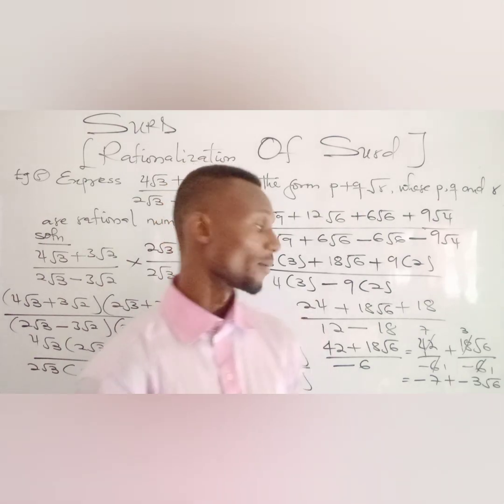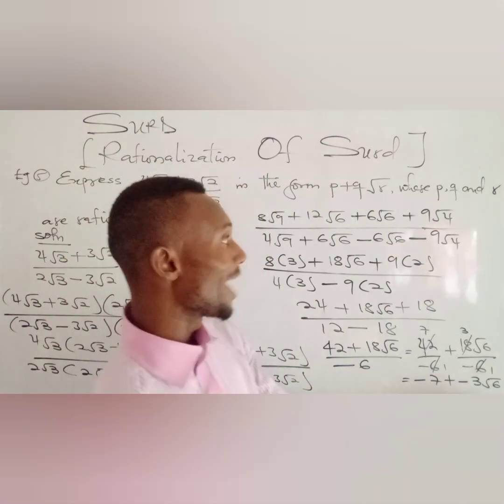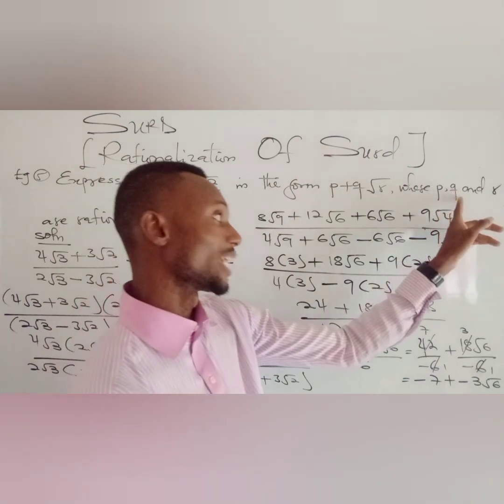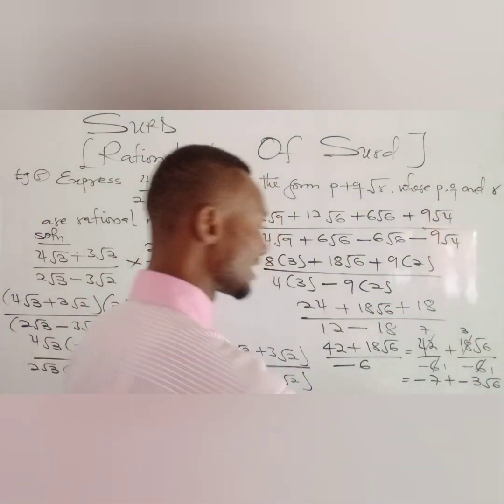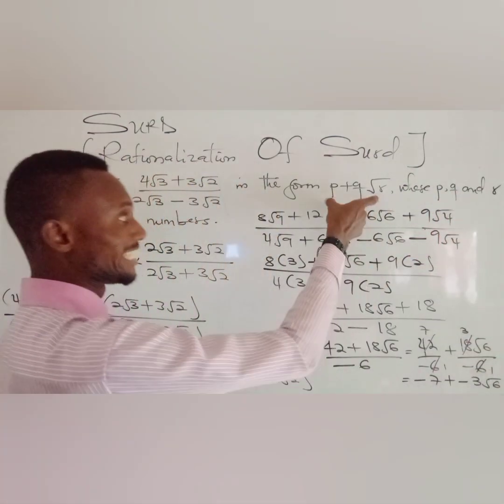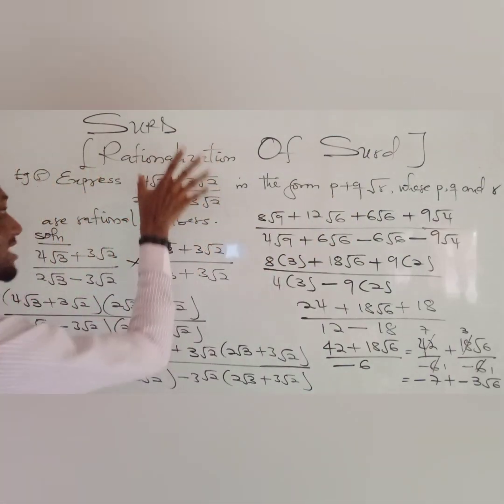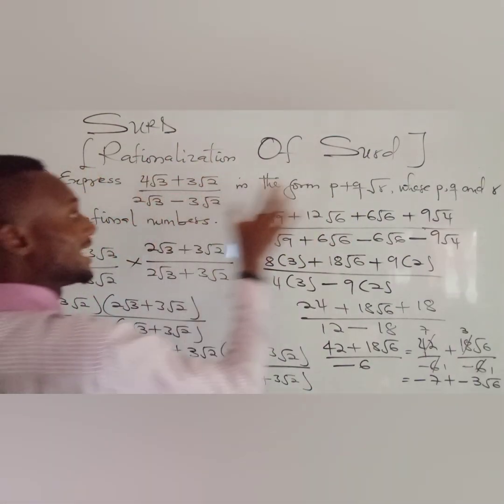So from here we can compare and know the values for P, Q, and R. You can see that this is of this nature because it says that when we simplify this one, it will be in this form.